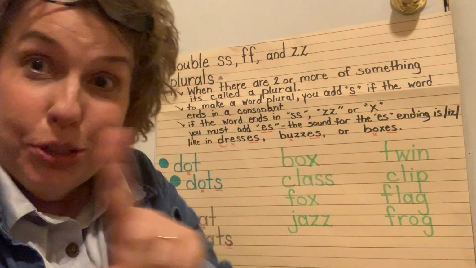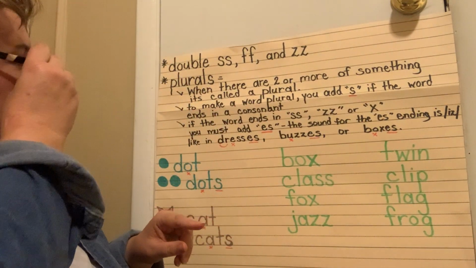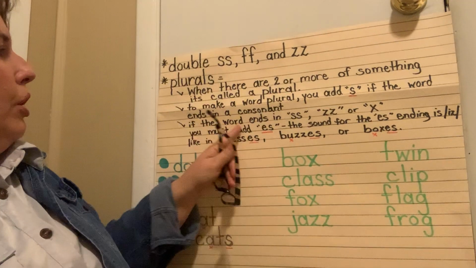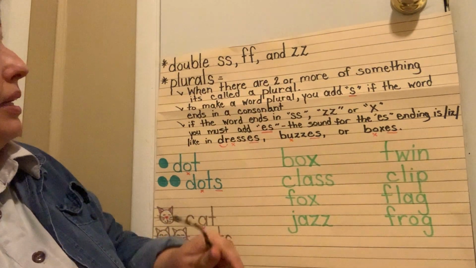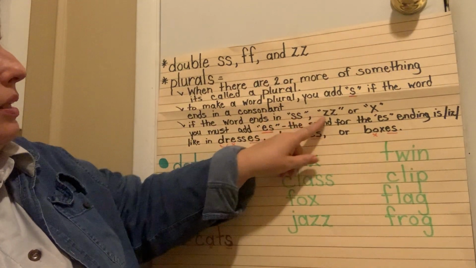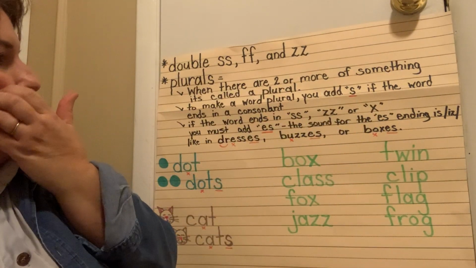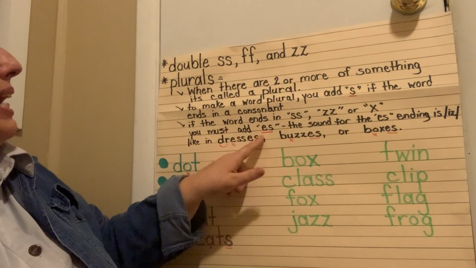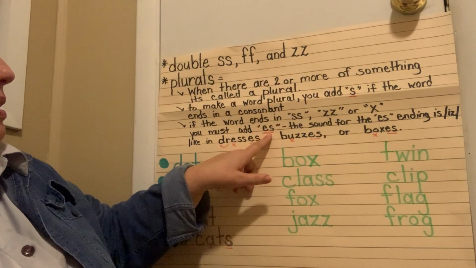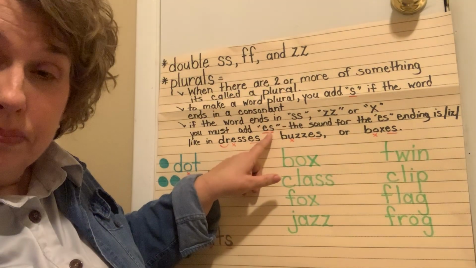Now, here's where the tricky part comes in, okay? If the word ends in double S, double Z, or X, you must add an ES to make it plural.